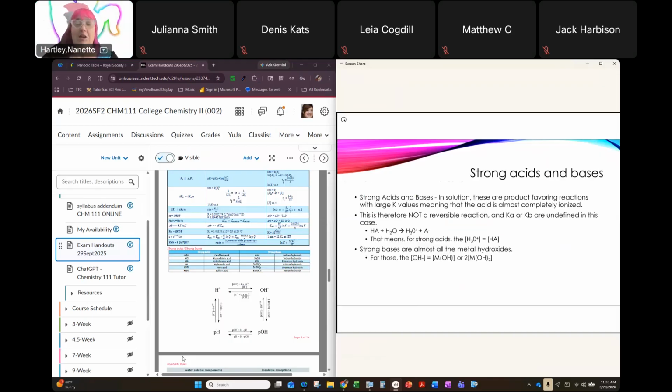Now, when we talk about our strong acids and bases, the ones that are listed in this table right here, in solution, they go forward. And we've already said that we know what the concentration of the ions is once this happens. We often talk about acids in this generic format, where we have HA plus H2O goes to H3O+ plus A-.